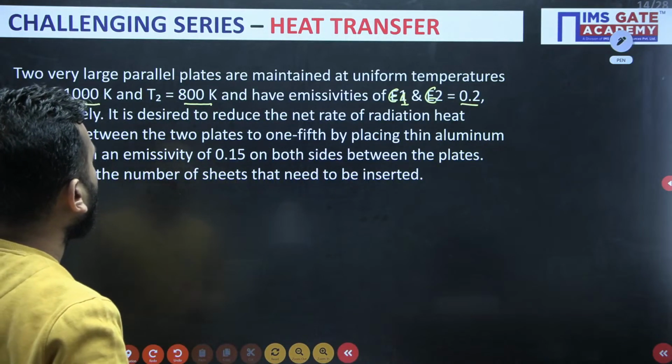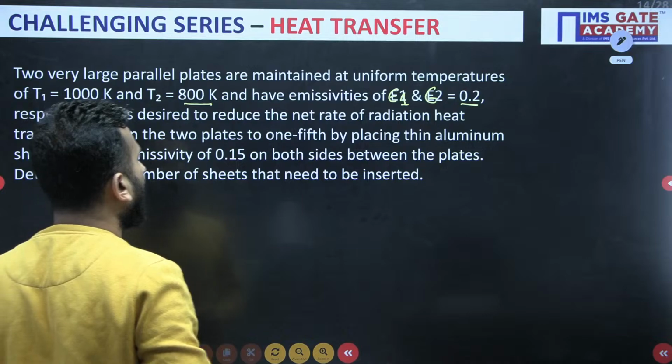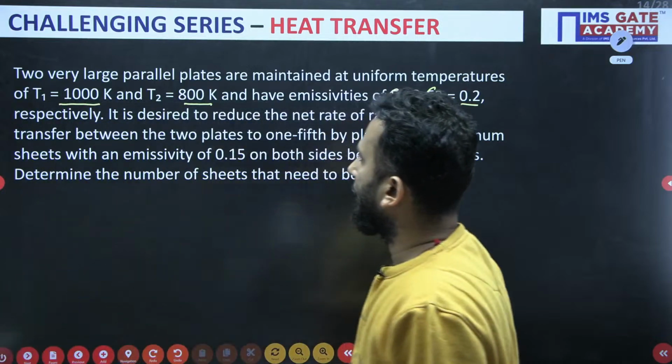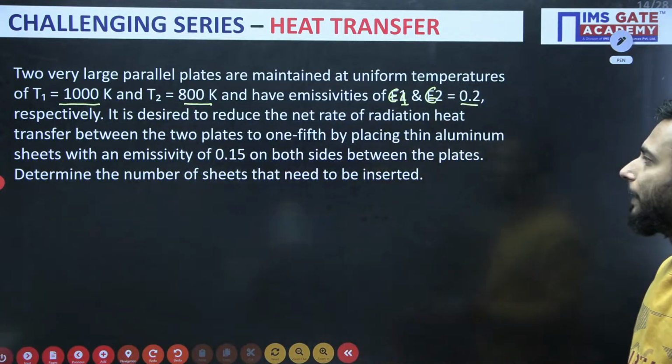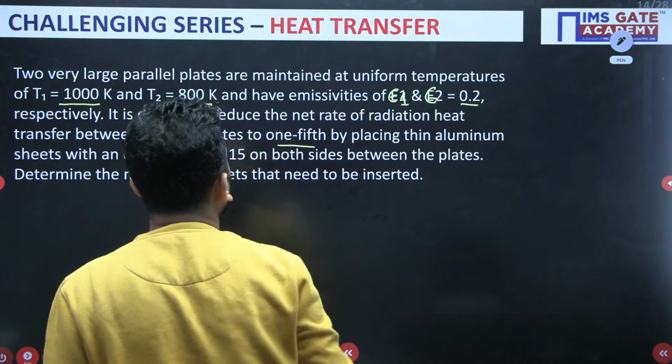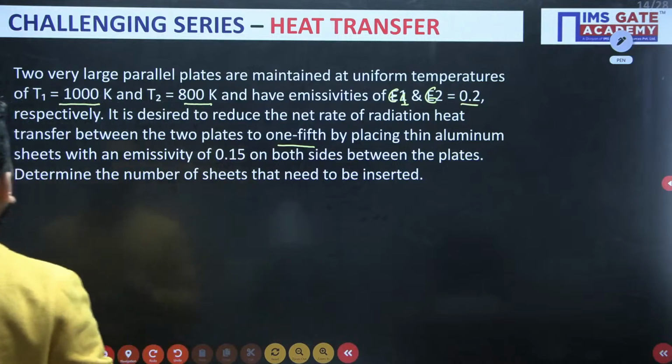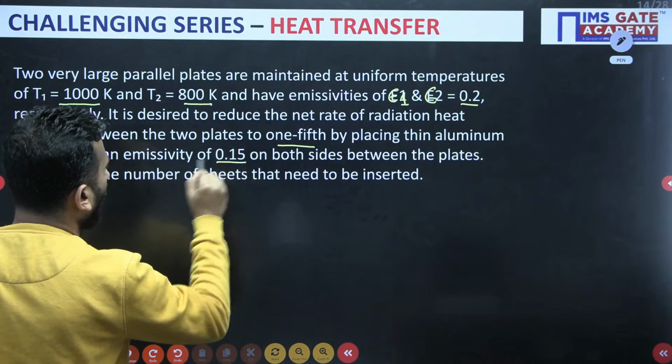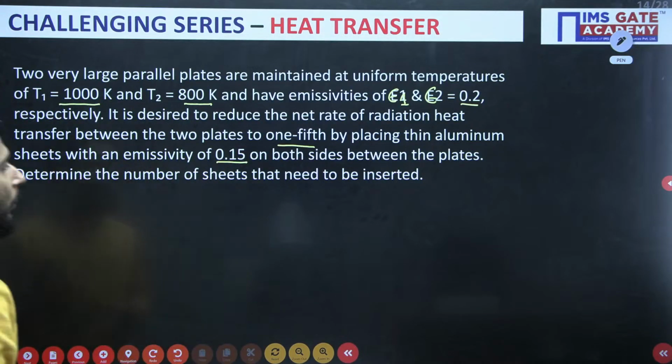It is desired to reduce the net rate of radiation heat transfer between the two plates to 1/5 by placing thin aluminium sheets with an emissivity of 0.15 on both sides between the plates. Determine the number of sheets that need to be inserted.